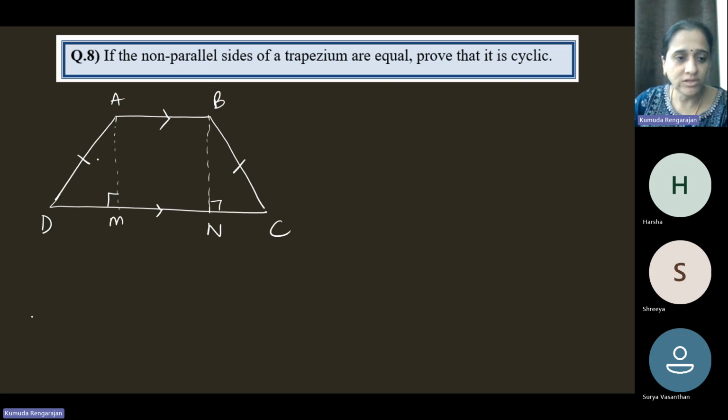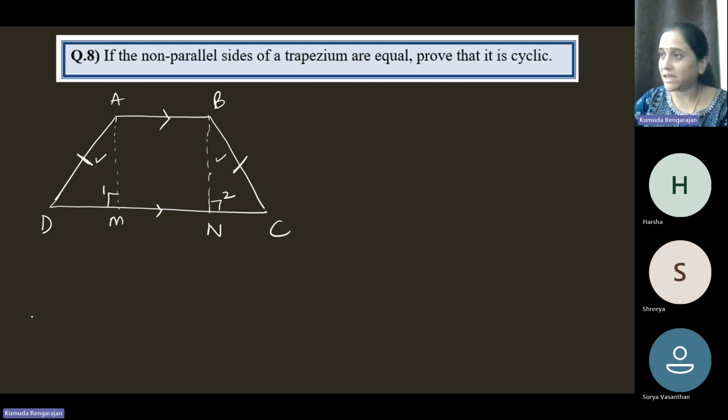Now you'll have to show that these two triangles are congruent to each other. Angle 1 is equal to angle 2, 90 degrees by construction. AD is equal to BC given, hypotenuse.